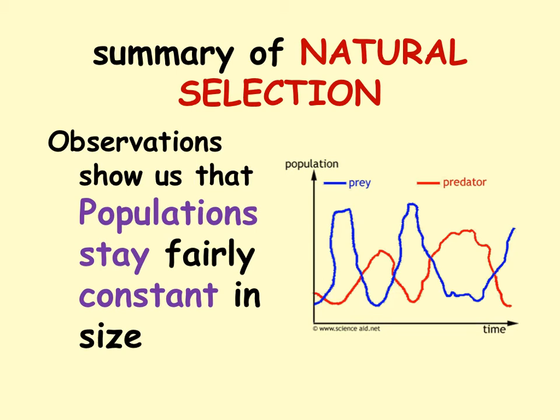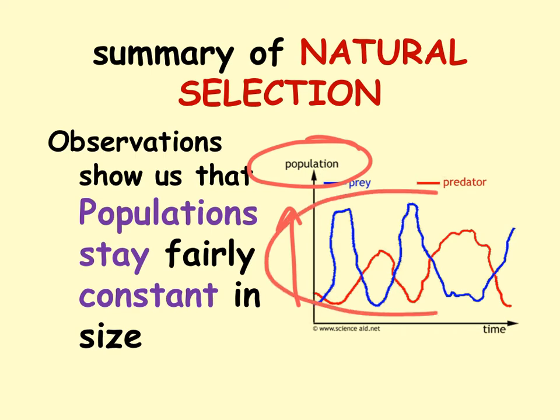When we look at populations, we also notice that the population size will remain fairly constant over time. Why? Because there are a lot of things acting on that population to keep the actual number in check.